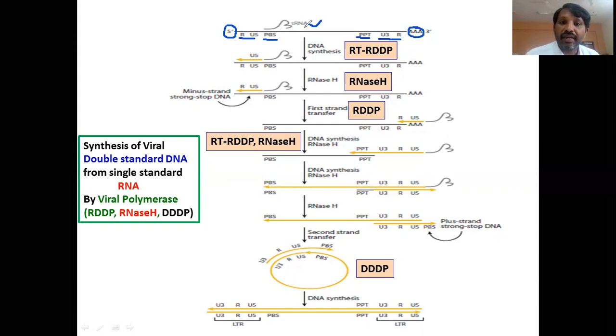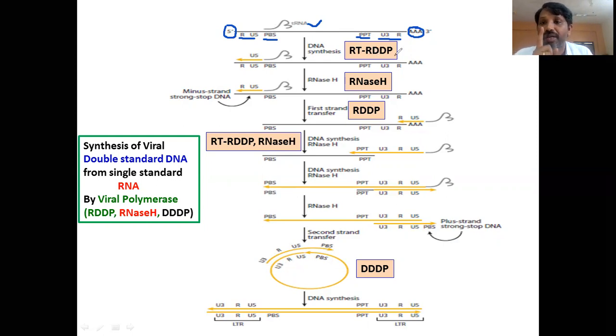Whenever tRNA binds the PBS of the minus strand of RNA of Rous sarcoma virus, DNA synthesis begins. The enzyme activity used for the synthesis of DNA from RNA is RNA-dependent DNA polymerase.